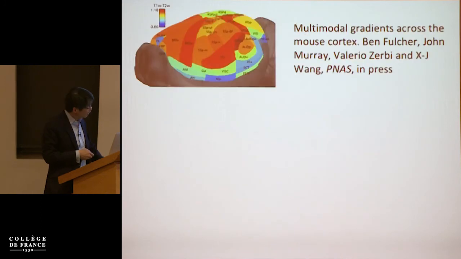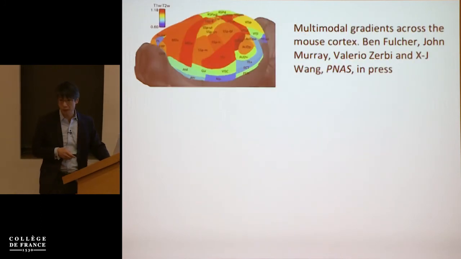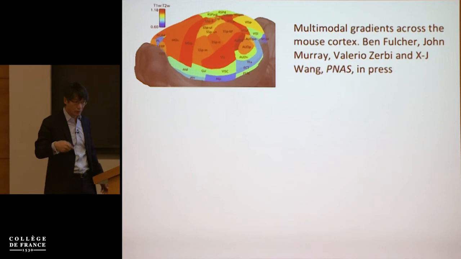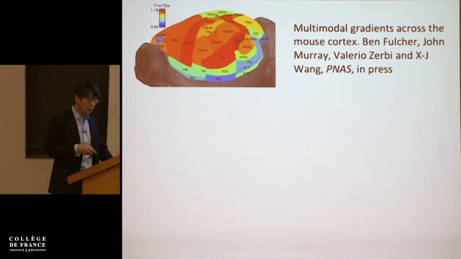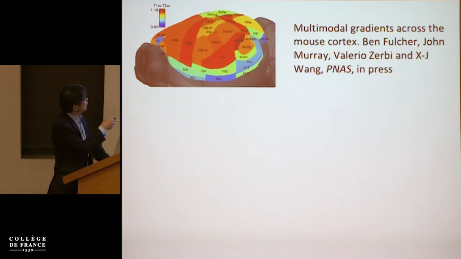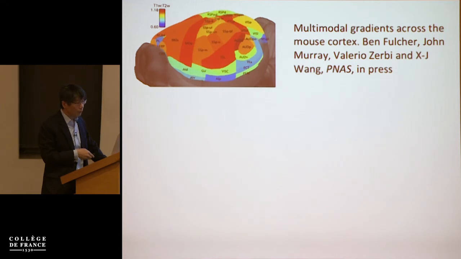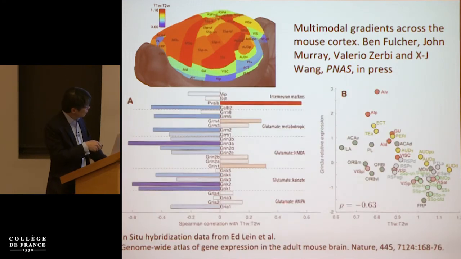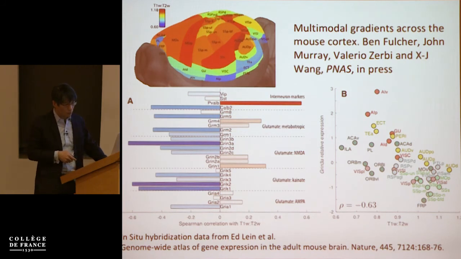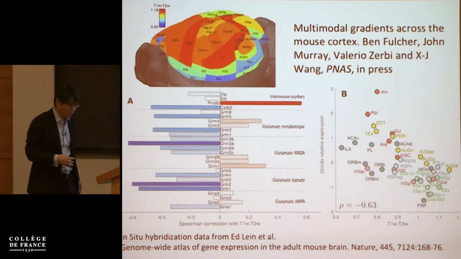So we carried out similar analysis for mice, for which, again, hierarchy is not so obvious, right? So we first looked at the T1-T2 ratio, and then analyzed gene expressions that are important for excitation and inhibition, and we found also various macroscopic gradients.